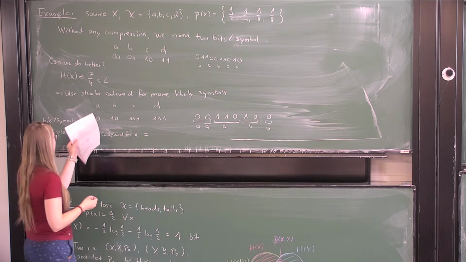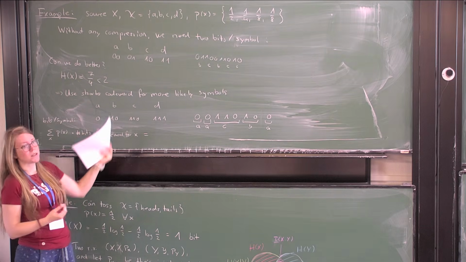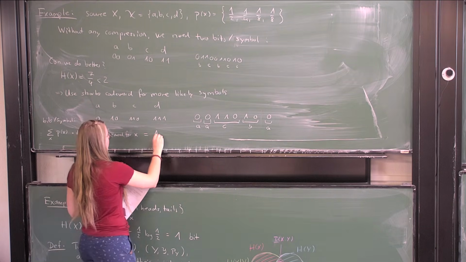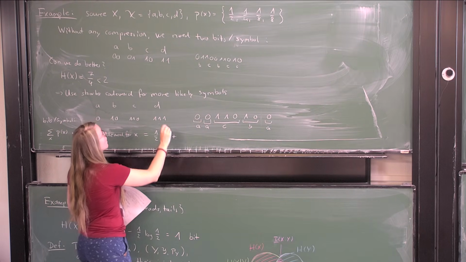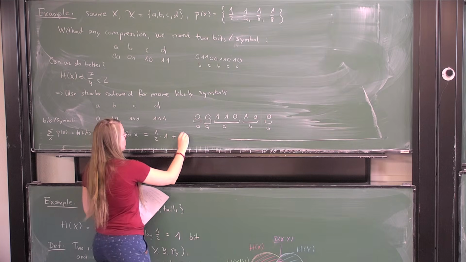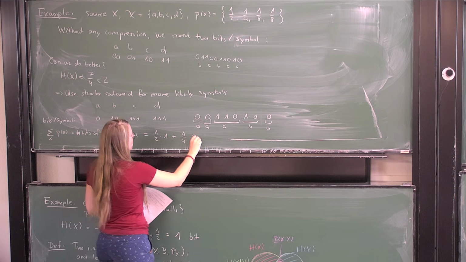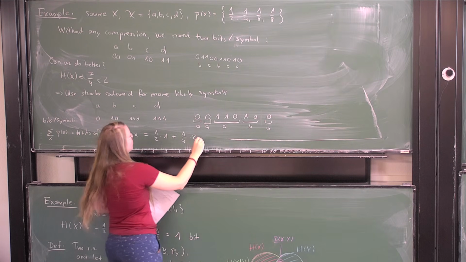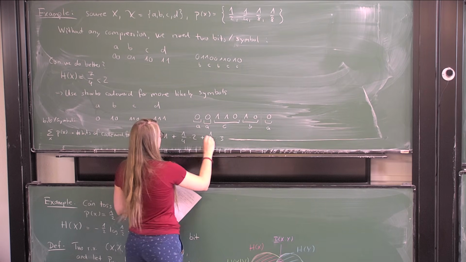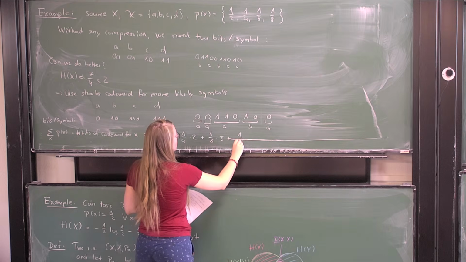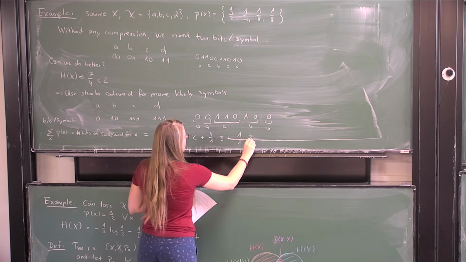For A, we see A appears with probability 1/2, and A needs 1 bit. You go on, B appears with probability 1/4, but it needs 2 bits. And then you have 1/8 times 3, again 1/8 times 3.